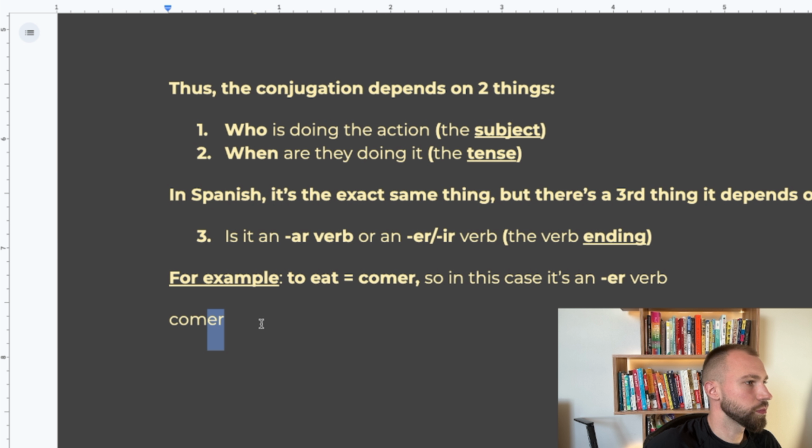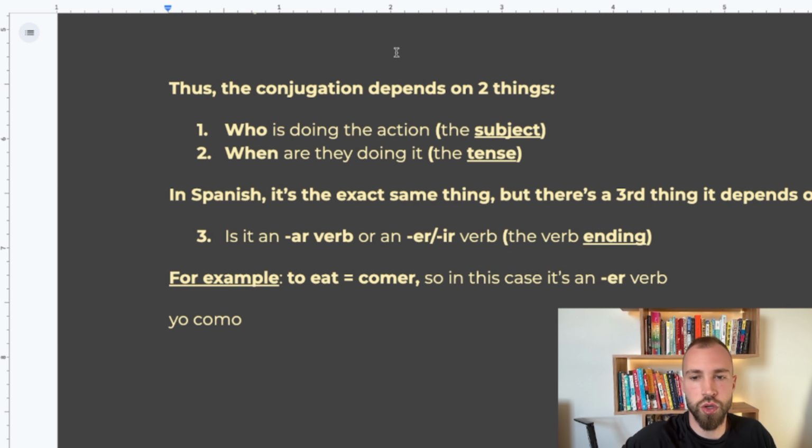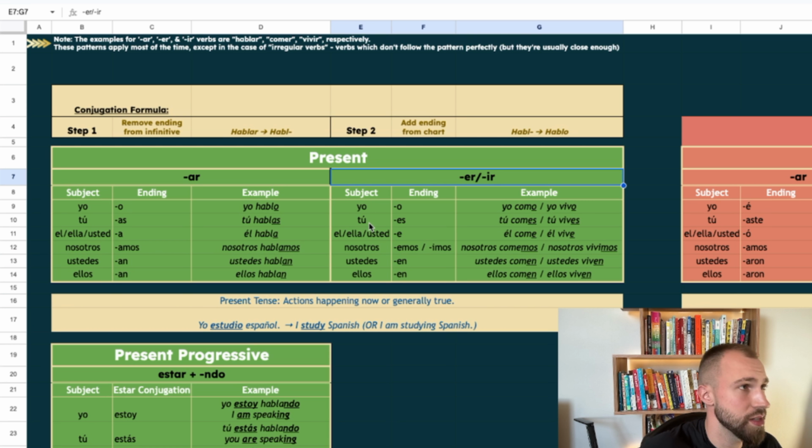You remove the ER, and depending on who's doing the action, if it's yo, which is I, it ends with O. That's a memory trick that I tell my students. Yo goes with O. Yo como. And tú is typically going to end with S, and that's a consistency across most tenses.